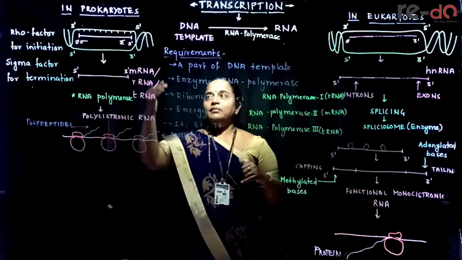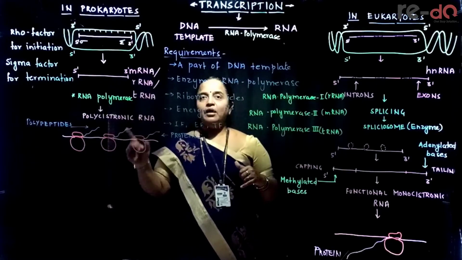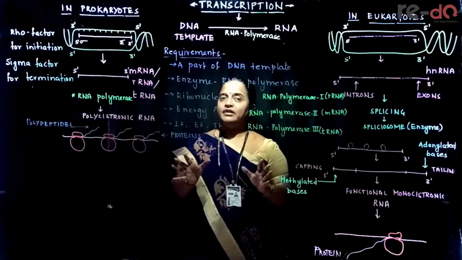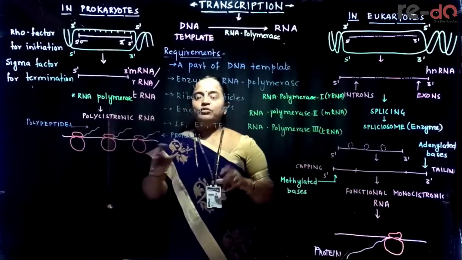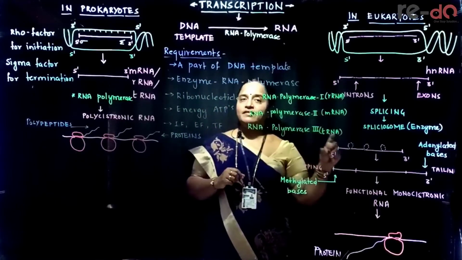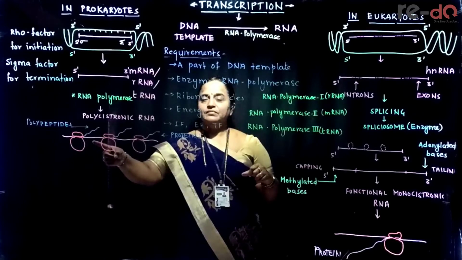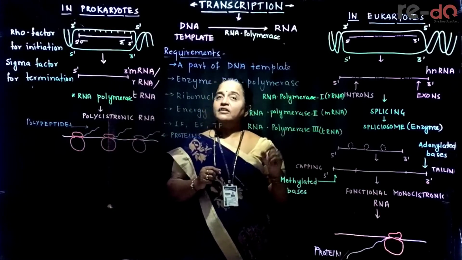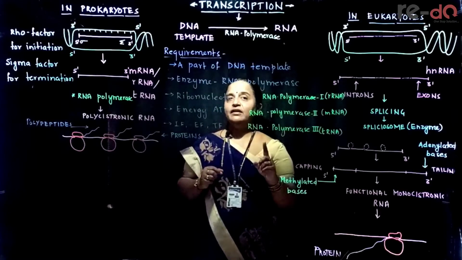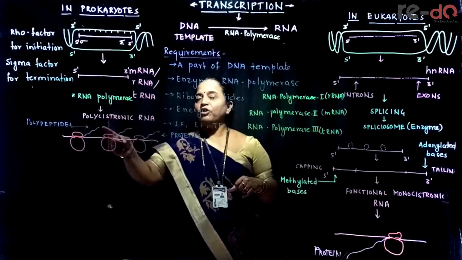So as the messenger RNA is polycistronic, when it comes to the protoplasmic region, that is cytoplasm, ribosomes will bind to respective genetic messages. So as ribosome will move on the messenger RNA, rRNA will recognize the codons and tRNA will bring amino acids, and the amino acids are linked to form a polypeptide.